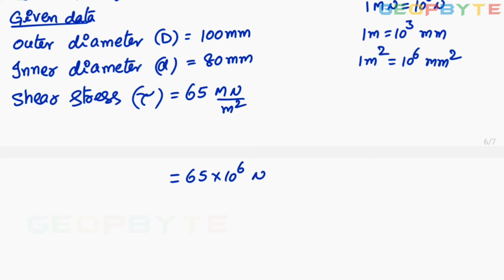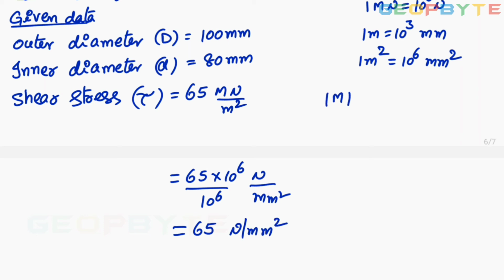For converting from meter square to mm square, dividing by 10 power 6, now it is in mm square. Finally, it is 65 Newton per mm square. From this, the moral is 1 megapascal equal to 1 Newton per mm square. That is a very, very important relation. 1 megapascal equal to 1 Newton per mm square.